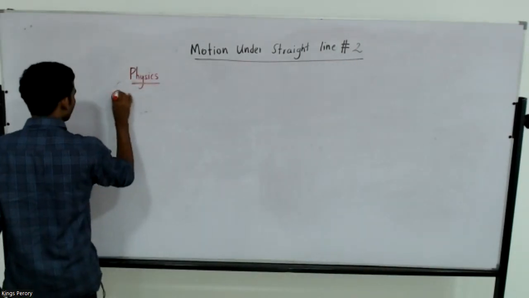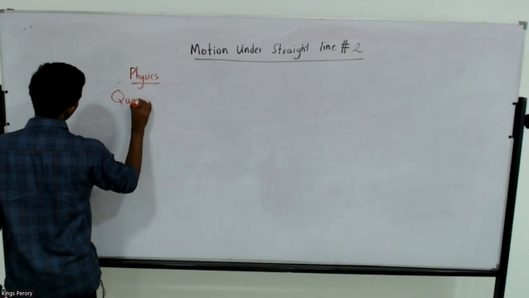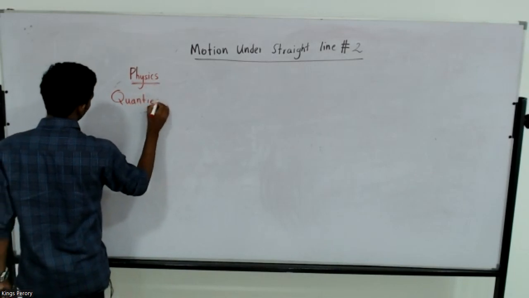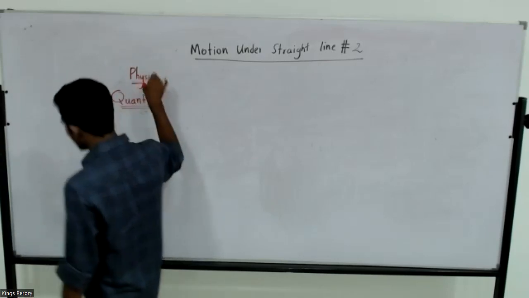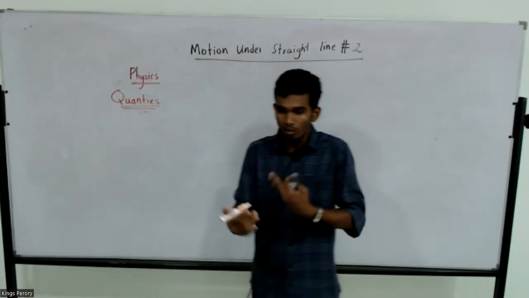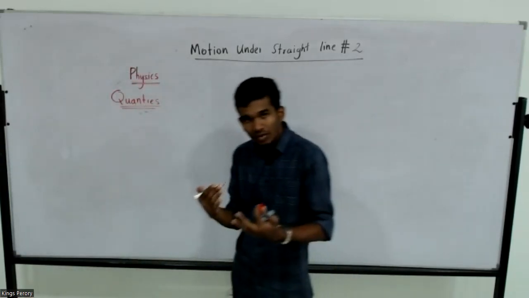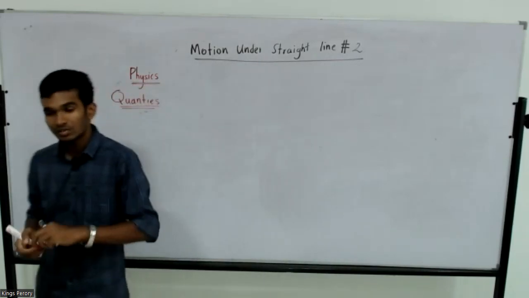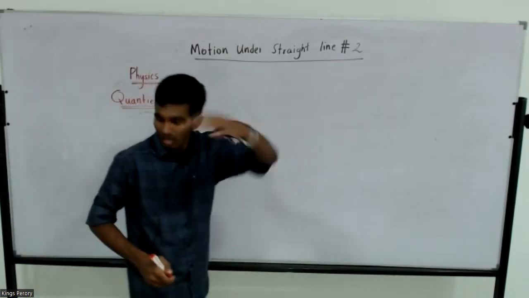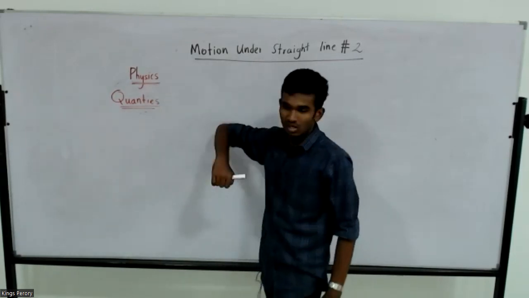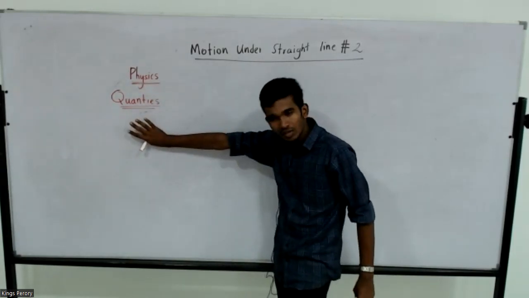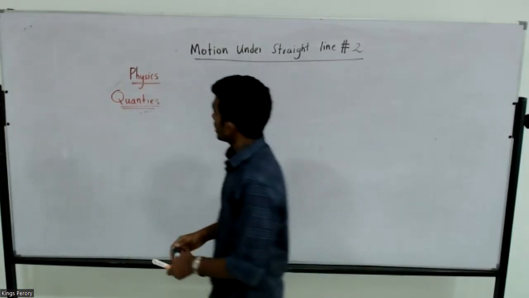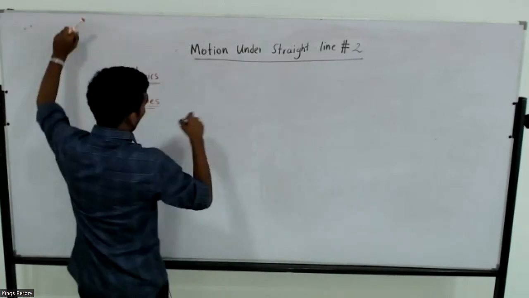Quantities means something that has values, something that has magnitudes. We do multiplication with quantities, we do division with quantities, and we write equations to do that. That is what we learn under physics. So we deal with quantities.